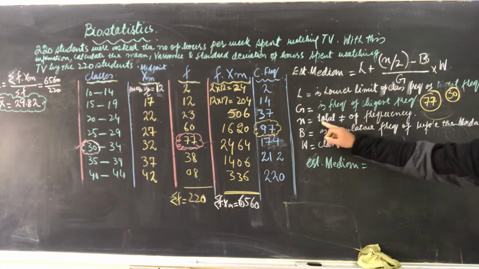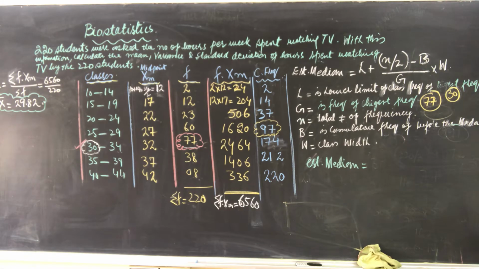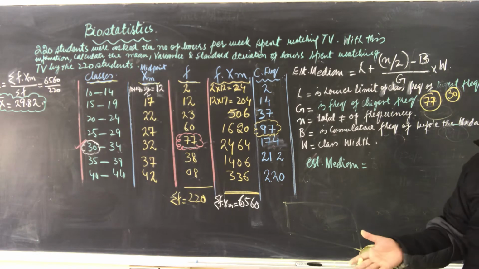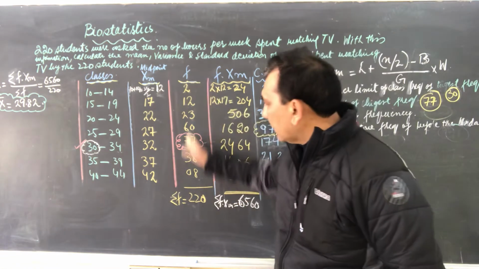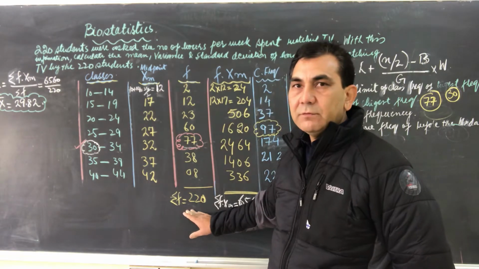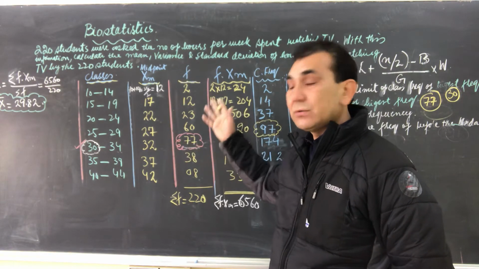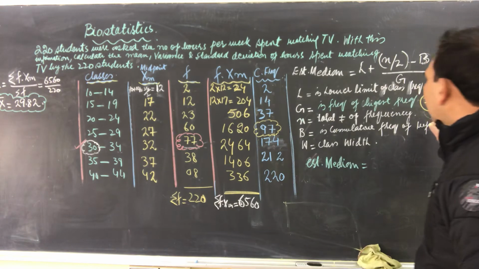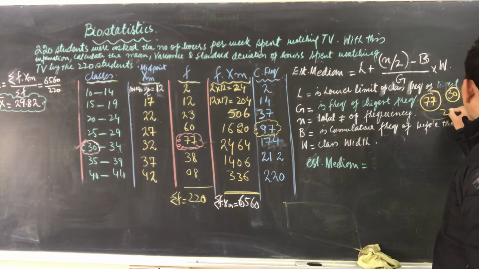Now what does N say? N is the total number of the frequency, or the total sample size. Yesterday we calculated the total frequency and sample size: 220 students. So 220 is the total frequency.